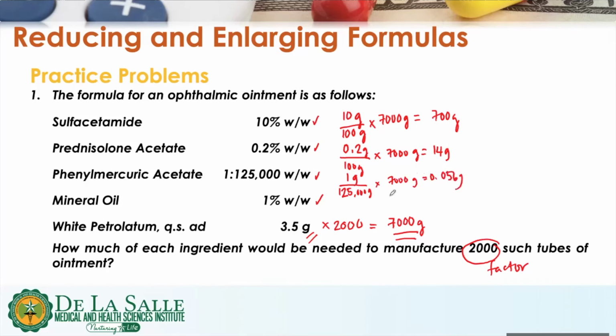And lastly, for mineral oil, 1% weight in weight means 1 gram per 100 grams of the ointment times 7,000 grams. And that will be equal to 70 grams of mineral oil. So basically, what we get are the same amounts of each ingredient.